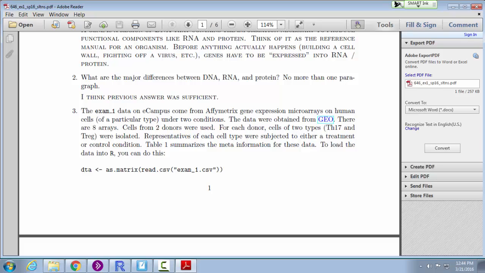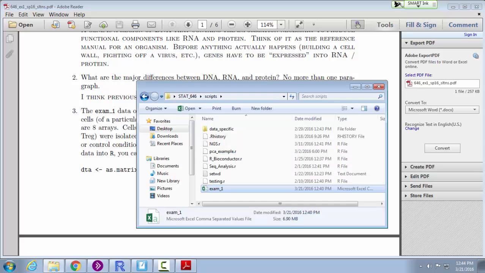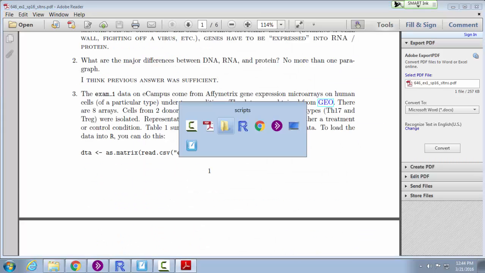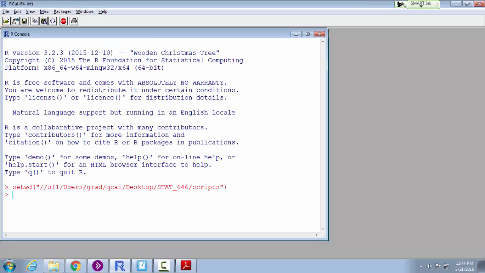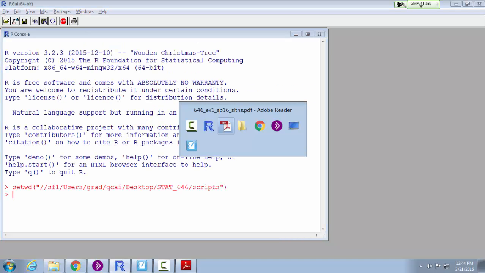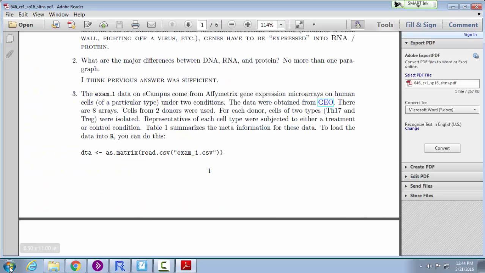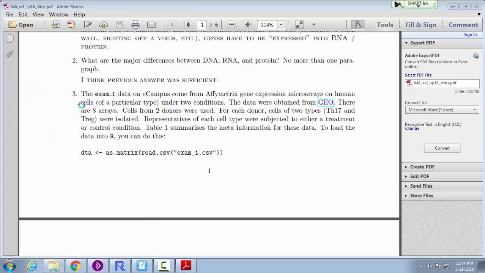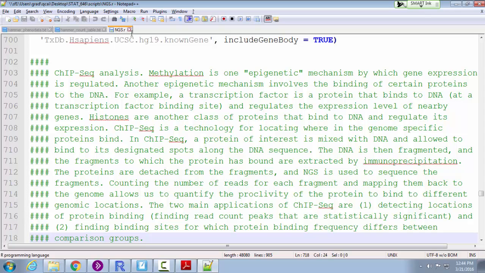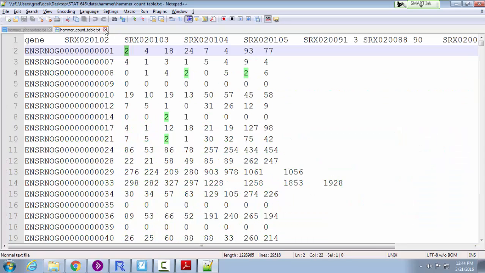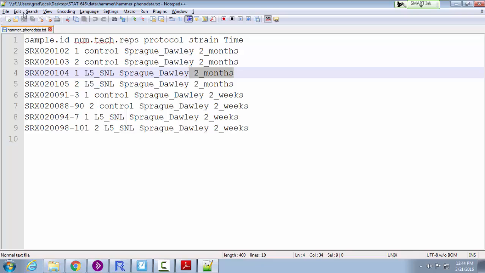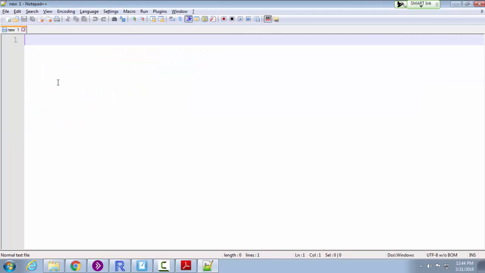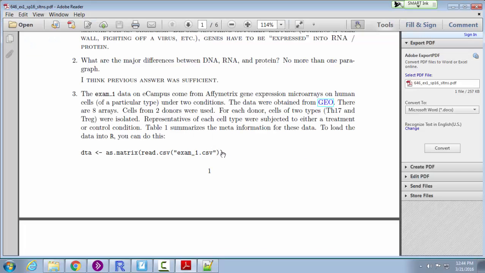Right. So let's look at the data. Let me get a text file. So let's read in the data, and you could use this command right here to do it.